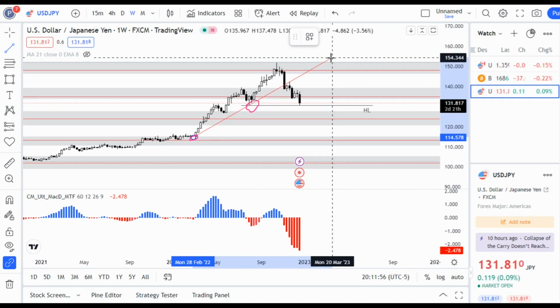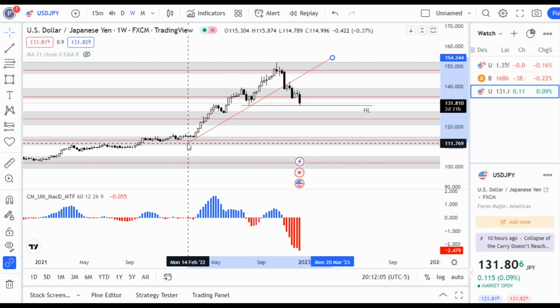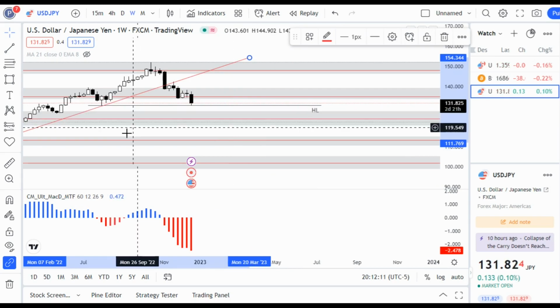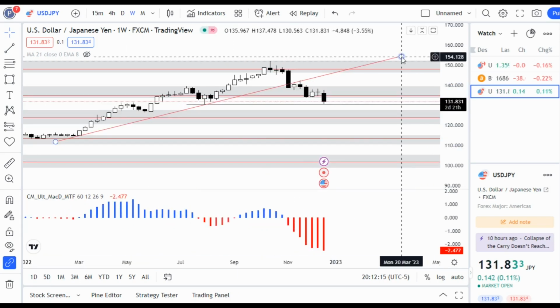Don't forget to draw the line to pass through the tips. This is our low here, and make sure that it passes through this area as well. So this is it.